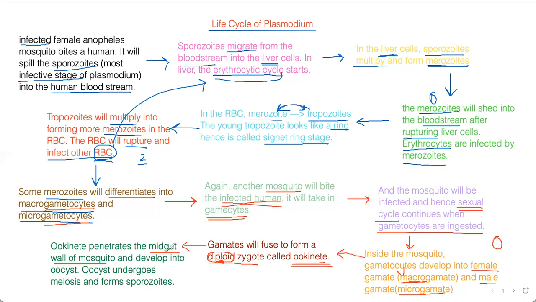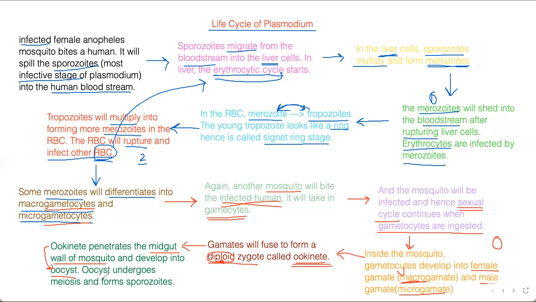or you can just say the gut wall of the mosquito, it develops into an oocyst. You have to remember that the sexual cycle continues in the gut wall, midgut wall, or digestive tract of the mosquito. So the ookinete penetrates the gut wall of the mosquito and develops into an oocyst.